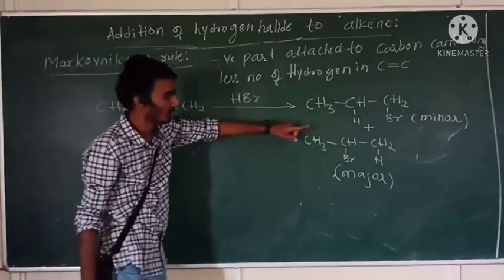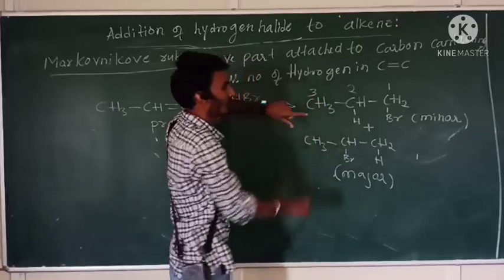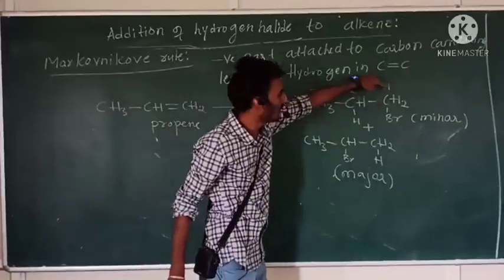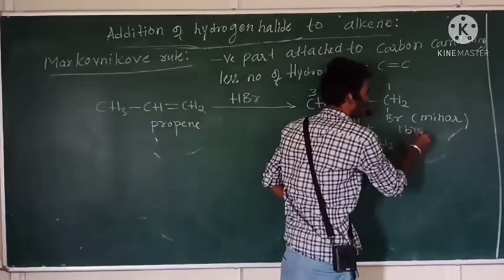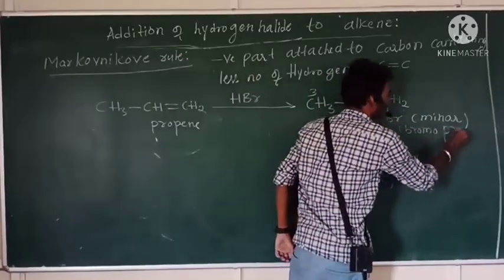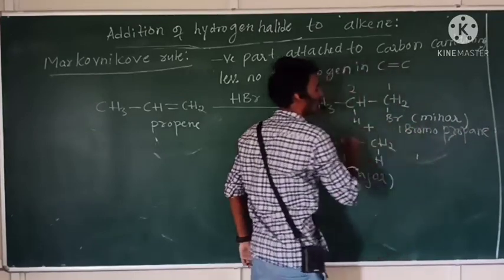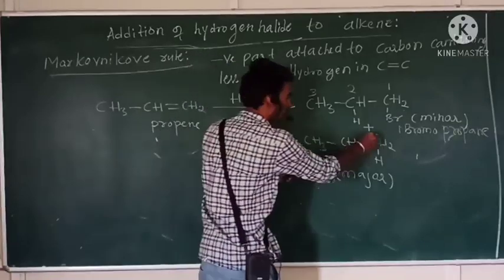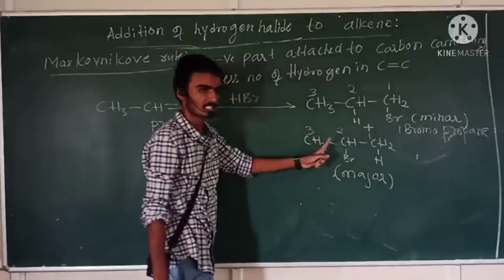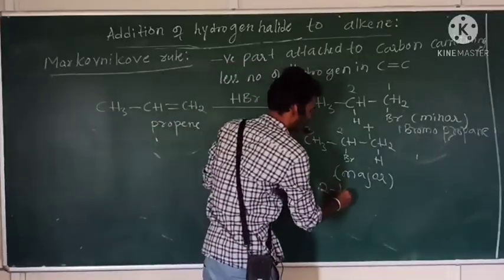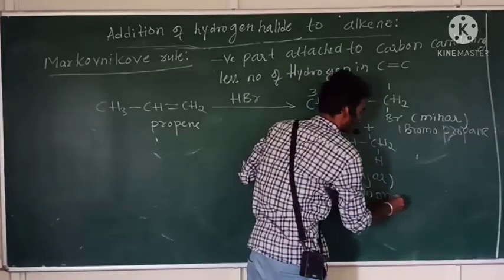Now naming of these compounds. Numbering 1, 2, 3, closest to the substituent. So 1-bromopropane. For the second one, numbering 1, 2, 3 from this side or this side, close to the substituent, so 2-bromopropane.